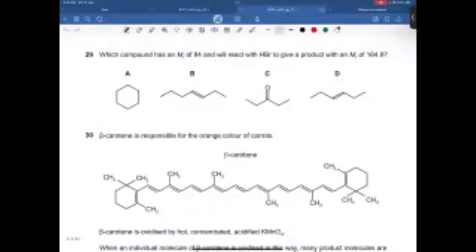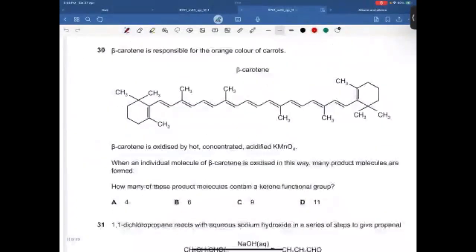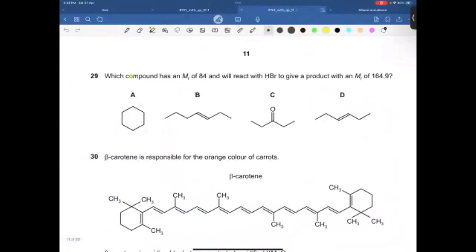Okay. So let's talk about question number 29. Which compound has an MR of 84 and will react with HBr to give a product with an MR of 164.9? So the compound must be an alkene because it is reacting with HBr.